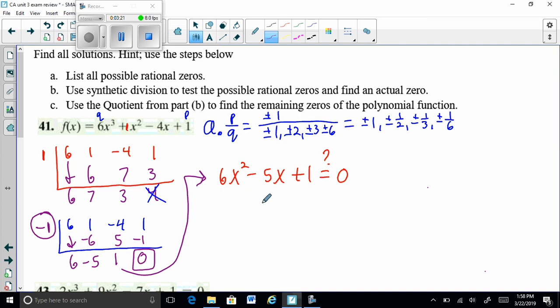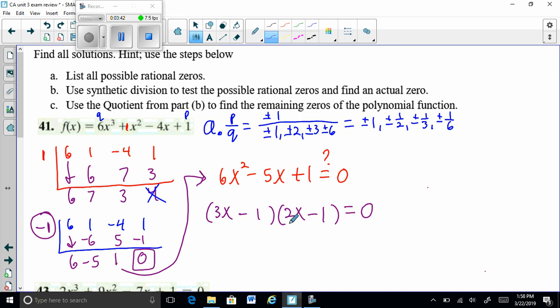So let's look at this. Like I said, you can use whatever technique you like, but it's probably going to break up into 3x and 2x. And then the way I get +1 is either 1, 1 or -1, -1. It's going to be -1 and then -1.